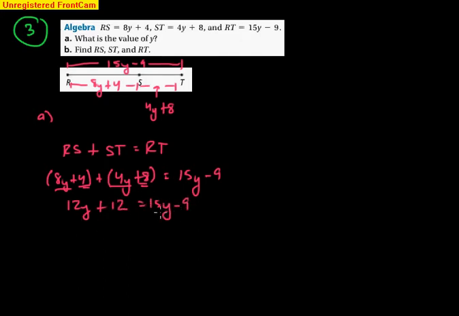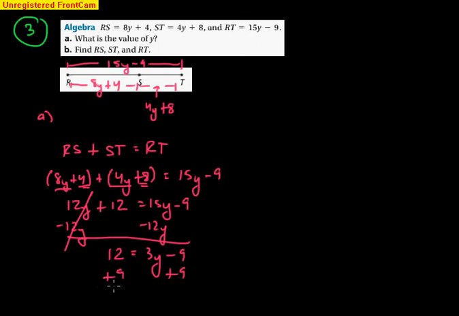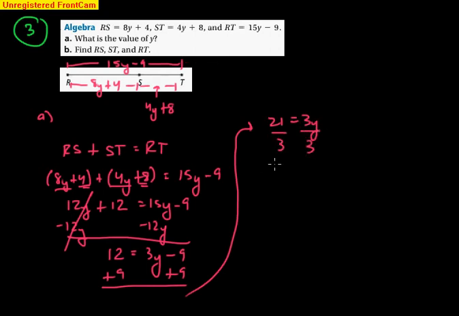That's 15y minus 9. Let's move the 12y to the right side to keep them positive. So subtract 12y from both sides. 12 equals 3y minus 9. Let's add the 9 to both sides. And I'm going to scroll up here. So we get 21 equals 3y, and let's divide by 3.